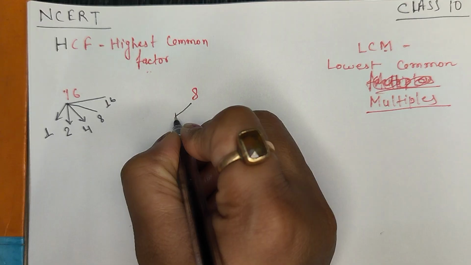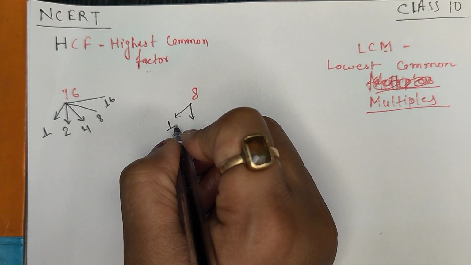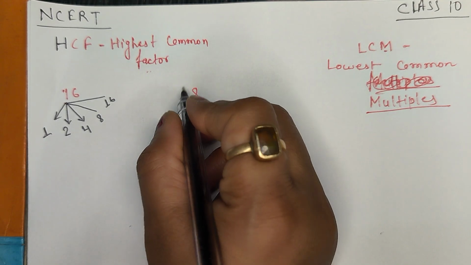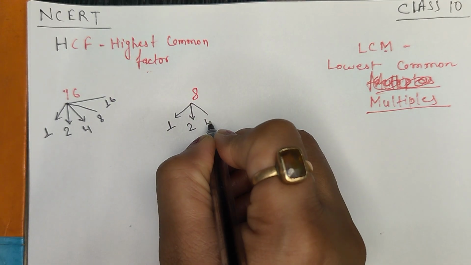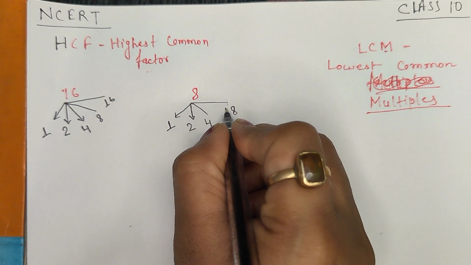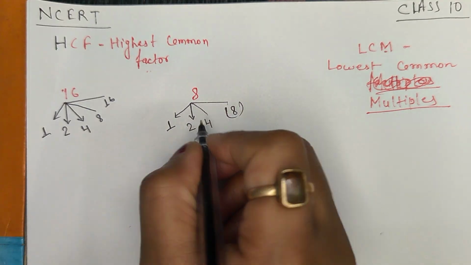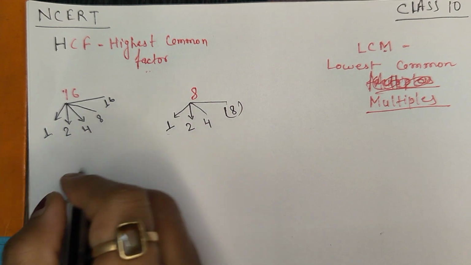Same, for 8: 1, 2, 4 and 8. These numbers are called the factors of these numbers.